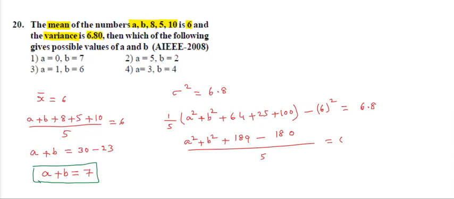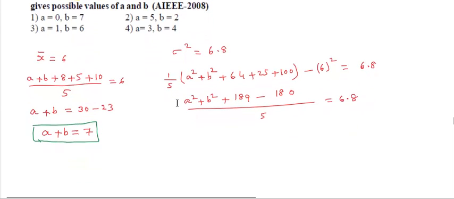That is equal to 6.8. Okay. Now a square plus b square is equal to 5 times... take cross multiplication. 5 times 8 is 40. 5 times 6 is 30. So we are getting 34. 189 minus 180 is 9. Send to the left hand side, that is minus 9.